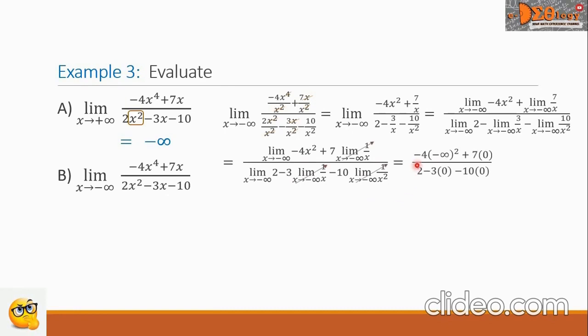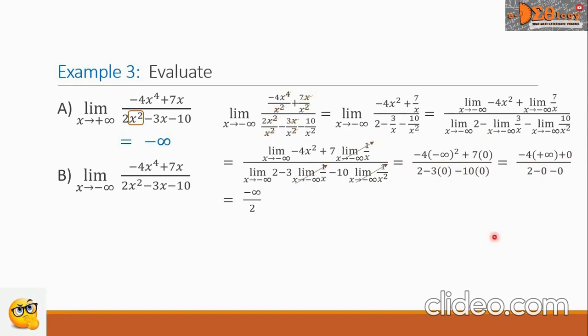So we have negative 4 times the square of negative infinity plus 7 times 0 all over 2 minus 3 times 0 minus 10 times 0. The square of negative infinity will be positive infinity. And this is multiplied to negative 4 plus the 0 all over 2 minus 0 minus 0.